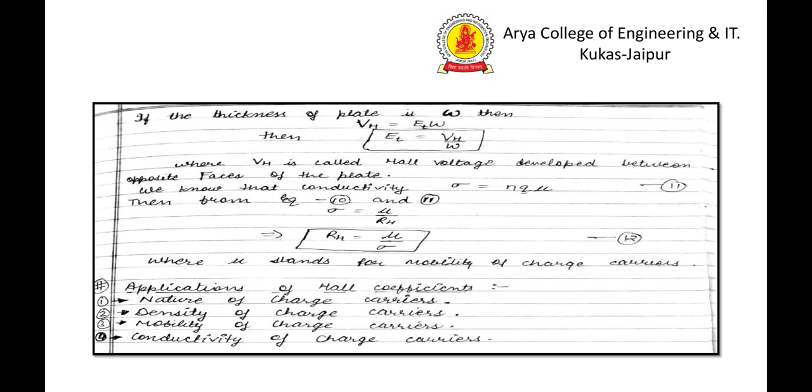This is the application of Hall coefficient. If we know the Hall coefficient for any material, we can find out the nature of charge carriers, the density of charge carriers, mobility of charge carriers, and the conductivity of charge carriers.